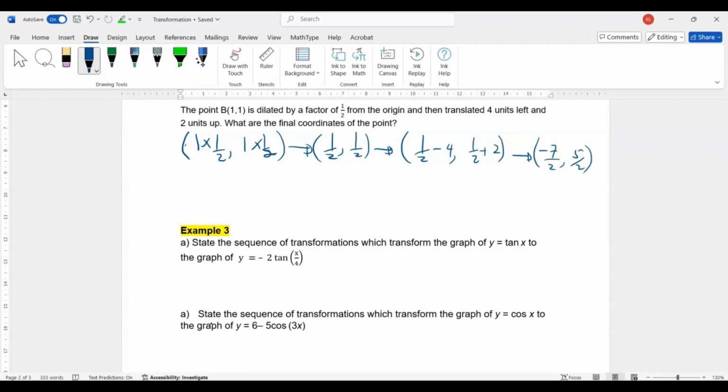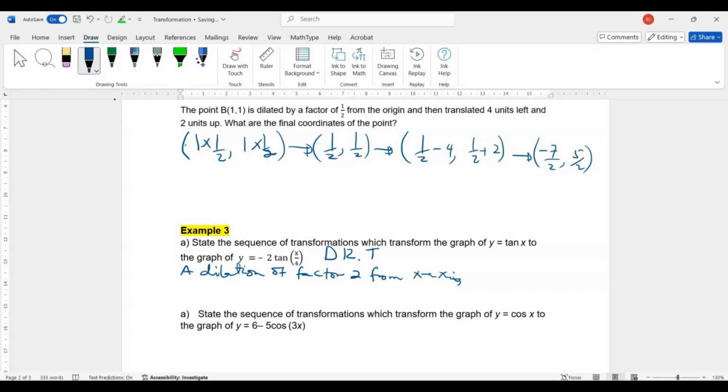So we still follow the Dr. T order. We start with the dilation first. So a dilation of factor 2 from the x-axis, and also a reflection, followed by a dilation of factor 4, because we have to reciprocate the dilation factor.